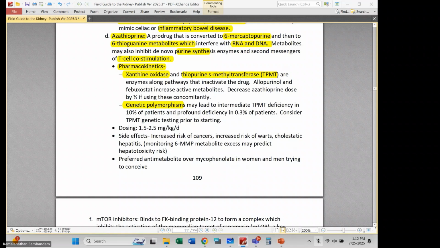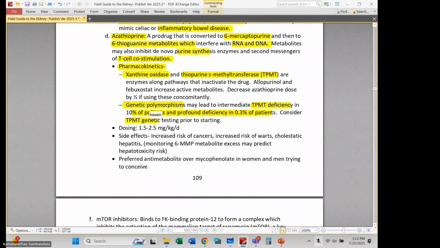And so there is a portion of the population that has a deficiency in this TPMT enzyme activity, okay? Most of which have mild deficiency in activity. There's a small proportion of patients who have a profound deficiency of TPMT activity. And so you may consider looking for this genetic difference. It's not a defect, it's a polymorphism, it's a difference in activity prior to starting someone on azathioprine.